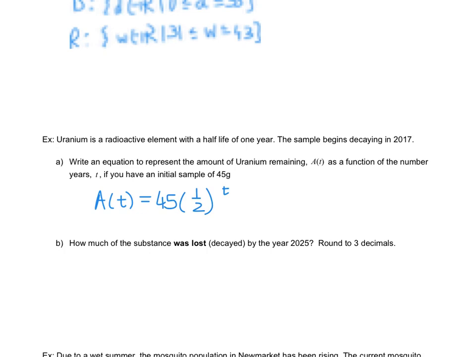But first, we have to figure out what we should plug in for T, because you are not plugging 2025 in, because that would be 2025 years after 2017. So to find our time, we'll do 2025 minus 2017, and that is 8 years later. So we're going to plug in 8 for time. So I want you to pause the video, plug that into your equation, and then tell me how many grams were lost.